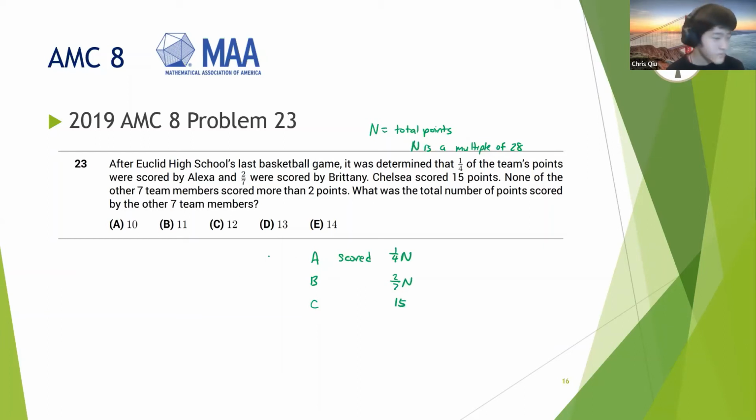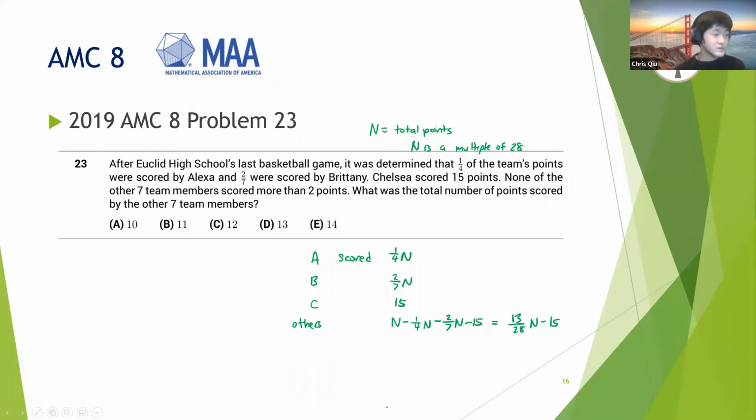And so now what this leaves for the other 17 members is that they scored n minus 1/4 n minus 2/7 n minus 15, because those are the number of points scored by the other team members, or rather the team members A, B, and C. And so we can calculate this expression to be 13 over 28 n minus 15.